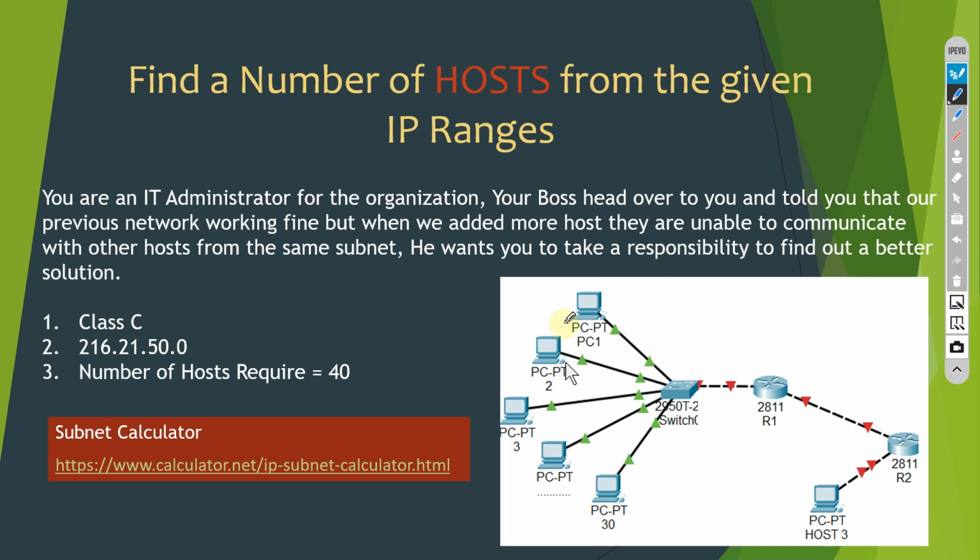The solution is, instead of finding from the perspective of network numbers, we are going to find a number of hosts. The requirements are the same, like class C. This is the IP address, and the number of hosts we want to find is 40. So let's head over to the next slide.